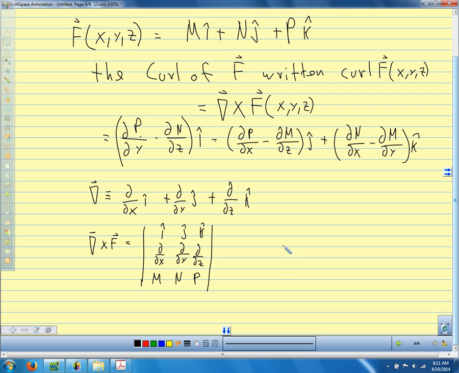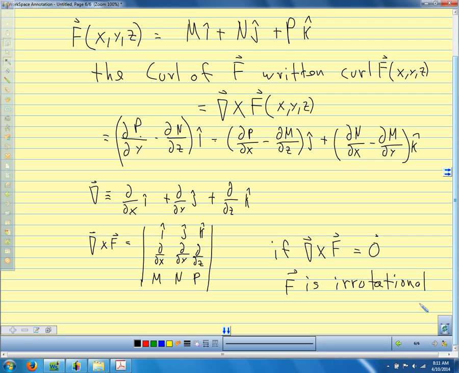If our curl is 0, we call the vector field irrotational. So if our curl is 0, that vector field doesn't tend to cause rotation.